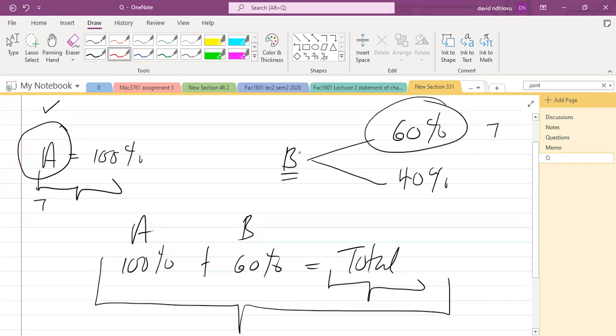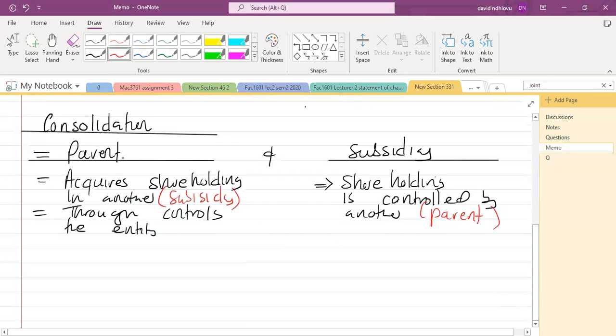Now the shareholders of B who make up the other 40%, we call them non-controlling interest. They only have an interest in only 40% of their holding in B. So they don't need consolidated financial statements. So how do we account for this? These guys here, we'll compile what is called separate financial statements.